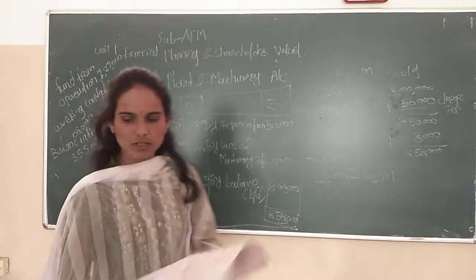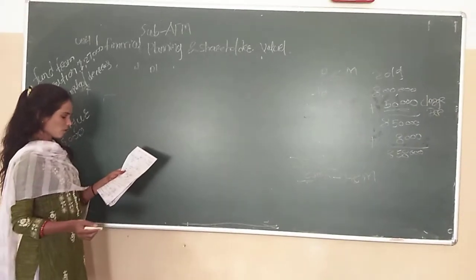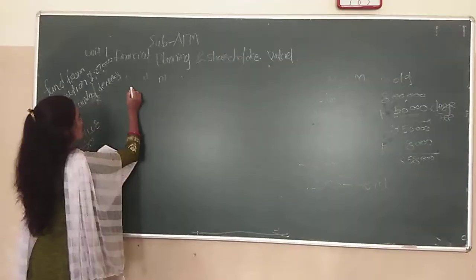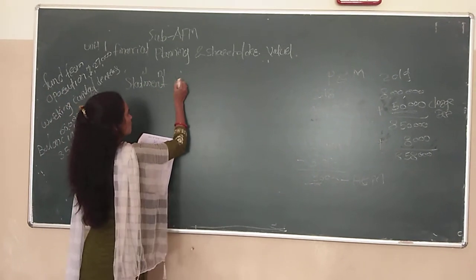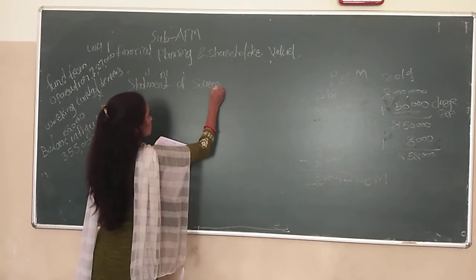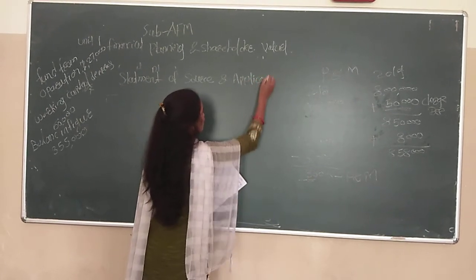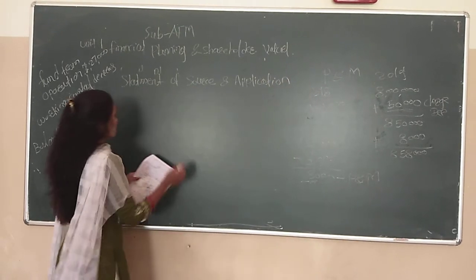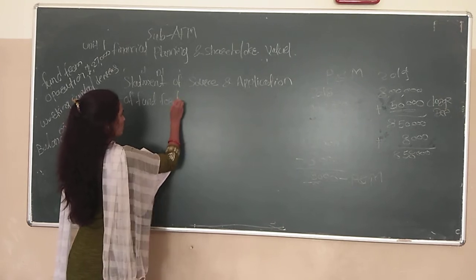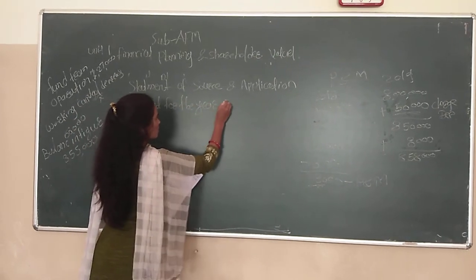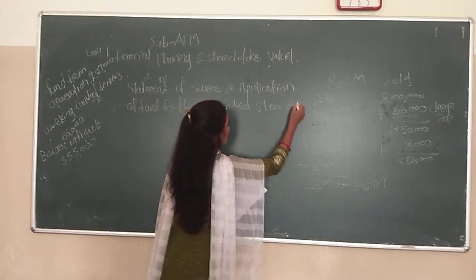Okay. The next statement is the fund flow statement, the statement of sources and applications of funds for the year ended 31st December 2019.